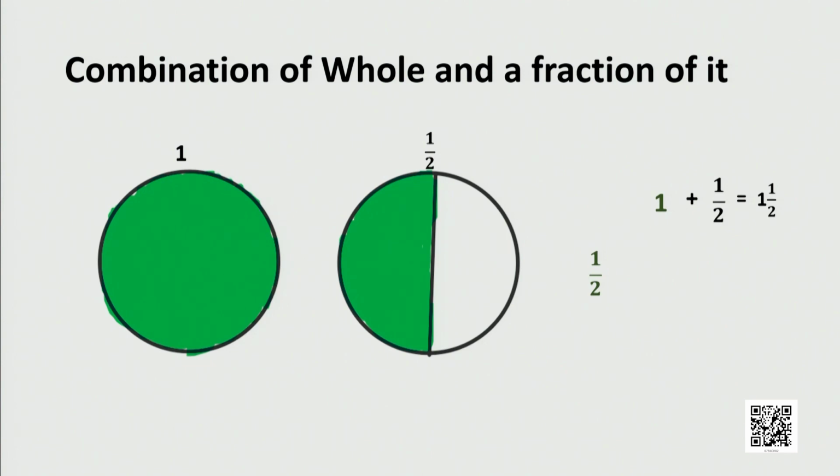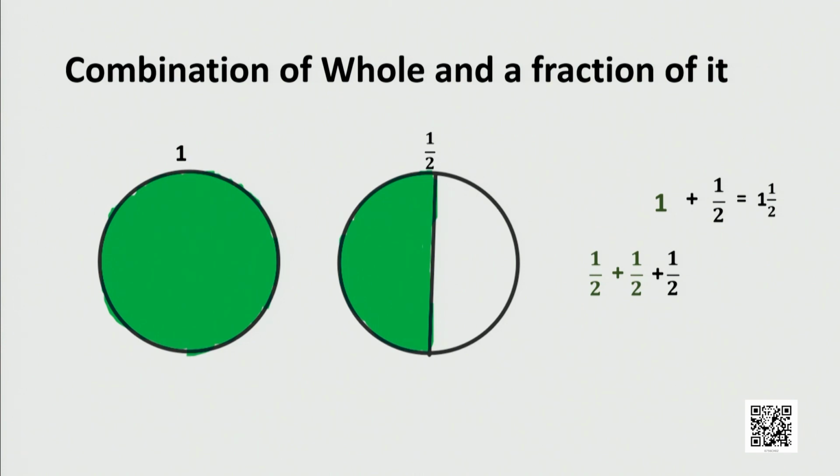Now the whole circle, meaning the first circle, can be divided into two parts. So I can write 1 as 1 over 2 plus 1 over 2, because 2 halves will give us 1, and I am going to add the other half. So in this way we are going to get 3 halves.